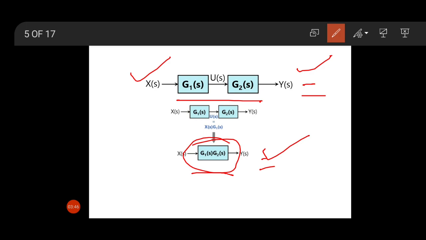That's why we can reduce these two individual blocks by combining them with multiplication of gain. If you observe blocks in series, you can combine them by multiplication and make them a single block by multiplying the gains.